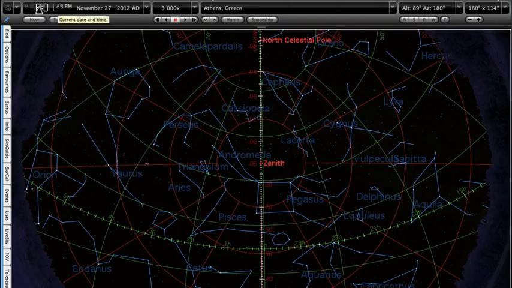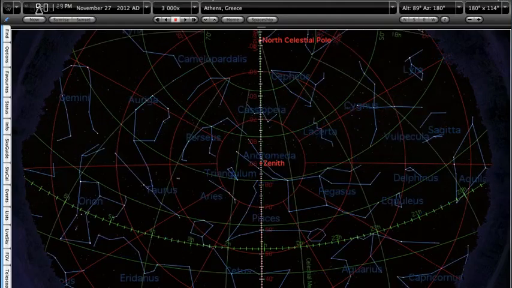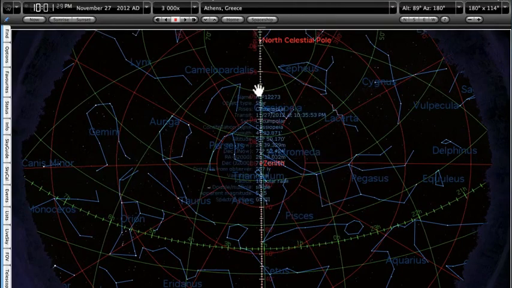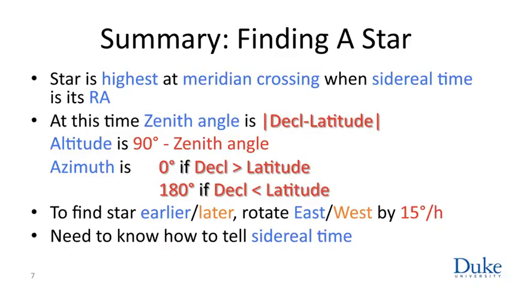So we have a way of finding the approximate position of a star over the course of the night. Notice that there is an explicit formula that gives you altitude and azimuth as a function of sidereal time and declination and right ascension. The formula involves trigonometry, so we won't apply it. What I want us to understand is the principle from which it's derived.